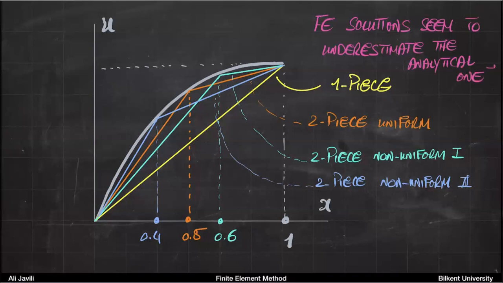So there is a saying in the community that finite element solutions approach the analytical solution from below. This is kind of the equivalent of that. So it is always below the analytical solution, in that sense. I'm also writing that. This is a very sloppy way of explaining it, but I think you get the idea.